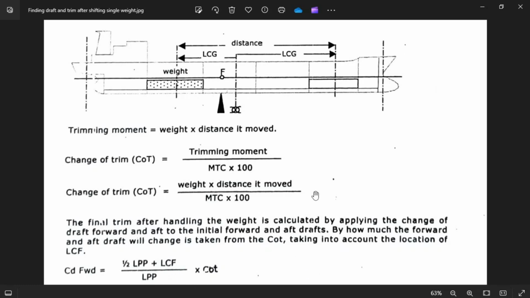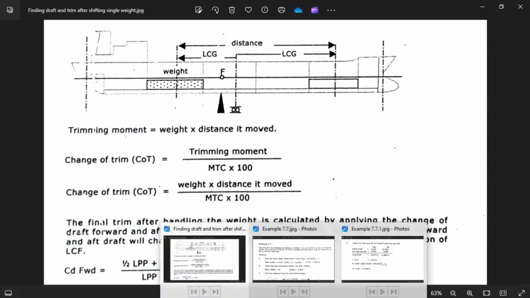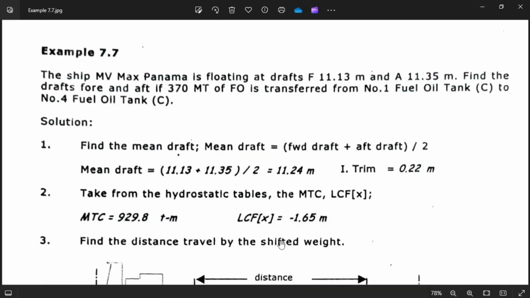Then proceed to the next figure. This will be the problem. Example 7.7. The ship MV Max Panama is floating at a drop forward of 11.13 meters and aft drop is 11.35 meters.